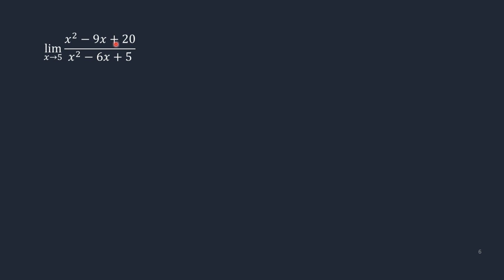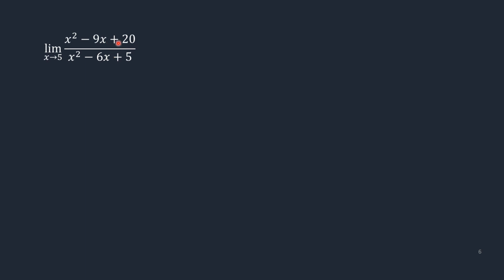Therefore, we have to factorize both numerator and denominator so that we might get a factor x minus 5 in the numerator and denominator, which we can cancel and further solve the limit by direct substitution. For that, we first have to factorize numerator and denominator.